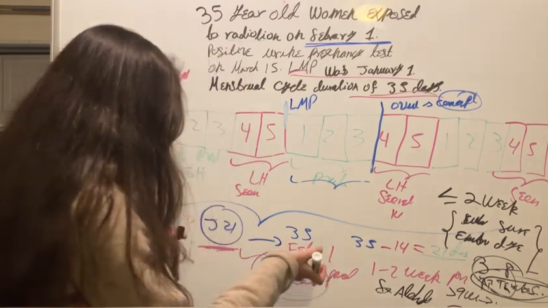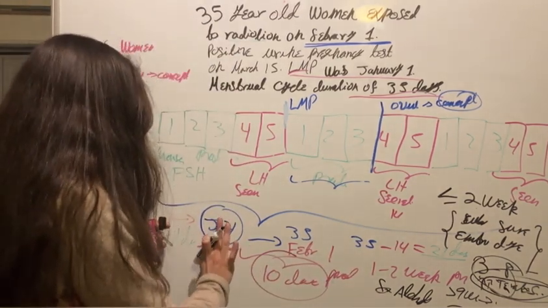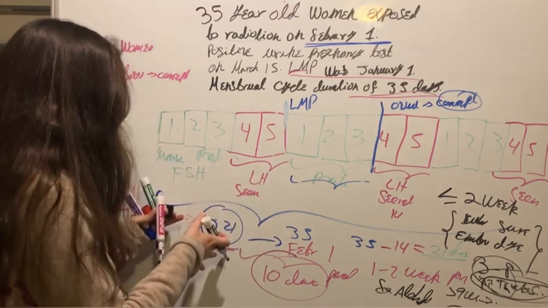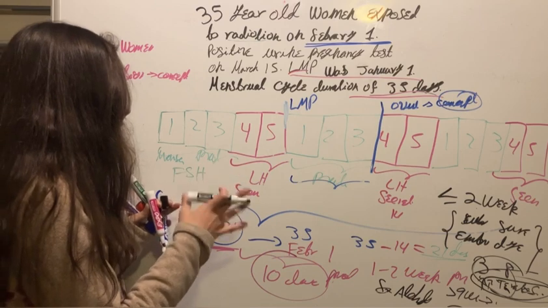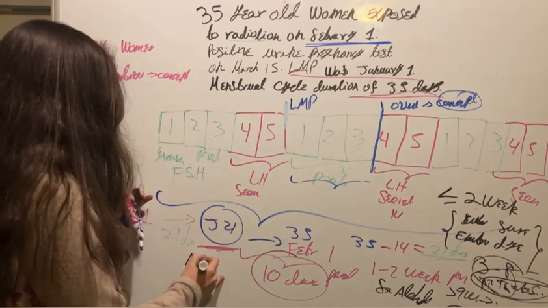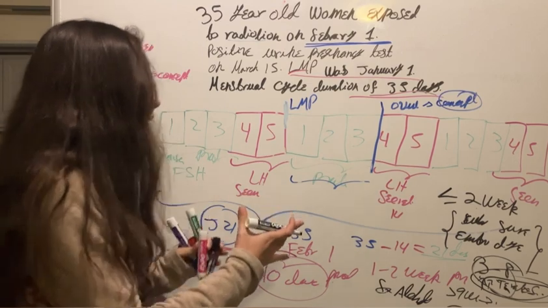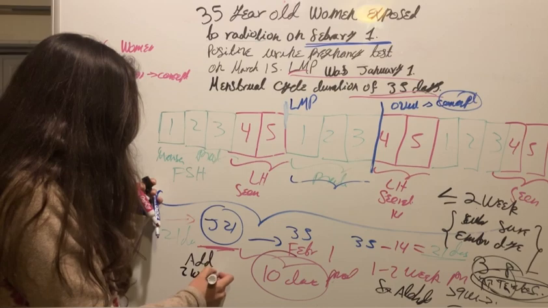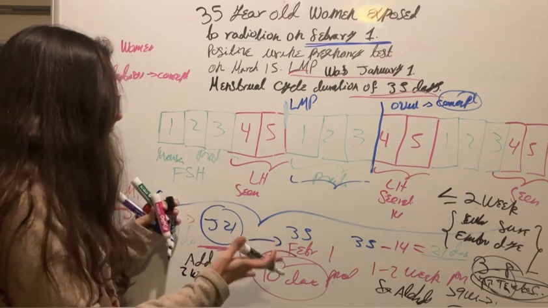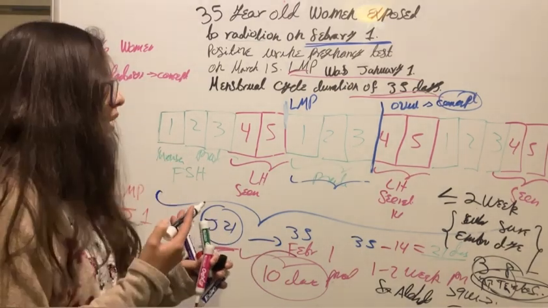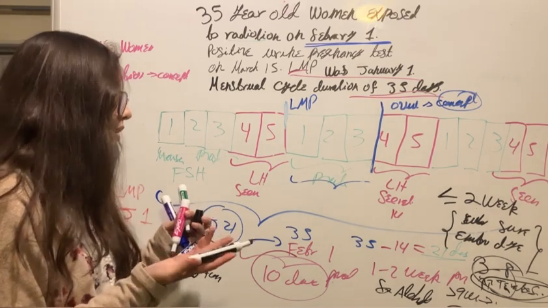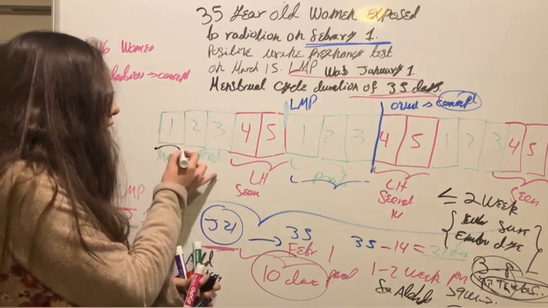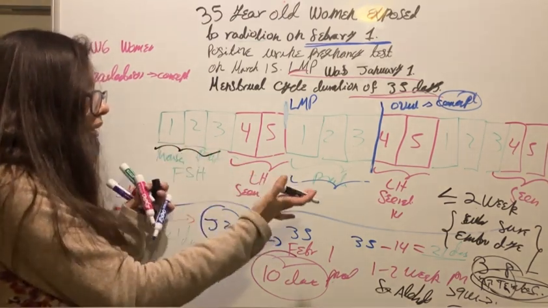Here we have 10 days based on conception date. So remember that we need to add 2 weeks to the conception date to have the gestational age in menstrual period weeks, but in this case we need to add 3 weeks because this is a 35-day long cycle.